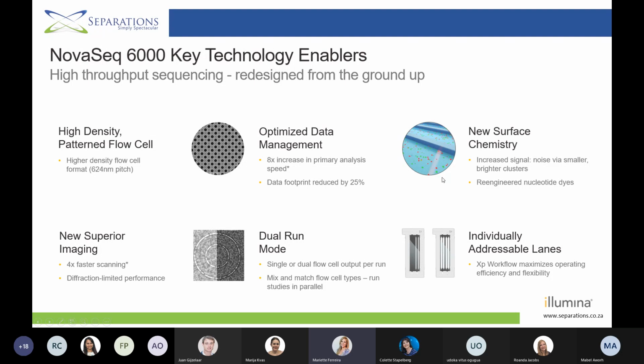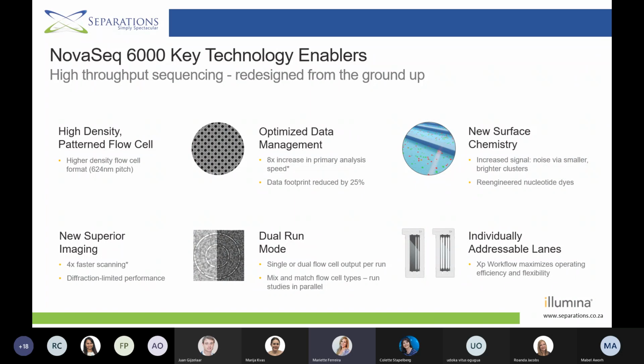With the NovaSeq flow cells, we've also got new surface chemistry. You increase the signal to noise ratio by having smaller clusters with these high density patterned flow cells, and having smaller clusters, you can also have brighter clusters. They've also engineered the nucleotide dyes compared to our previous systems. We've also got new and superior imaging technology with up to a 4 times faster scanning rate.